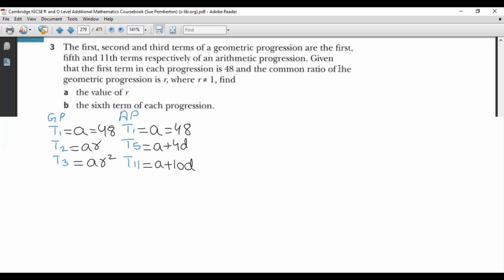And the common ratio of the geometric progression is R. Common ratio is also given, and that is R. And they are saying R is not equal to 1, right? In the first part, they are saying find the value of R. So I have to find the value of R.